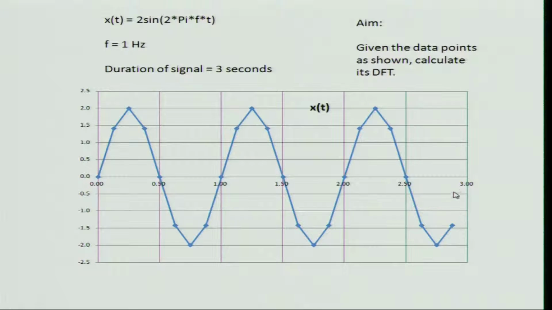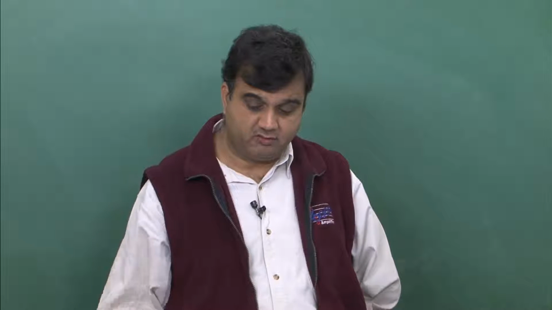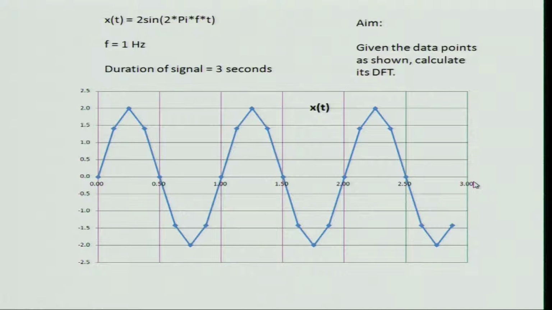And remember here that I am not completing the cycle, because I have the duration of 3 seconds and I have done 24 points, 8 points per second. So I have to generate 24 points. The last point, if I completed this cycle, it would be the 25th point, but here I am just doing 24 points. So it's important to understand that.